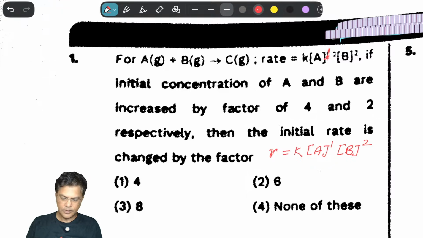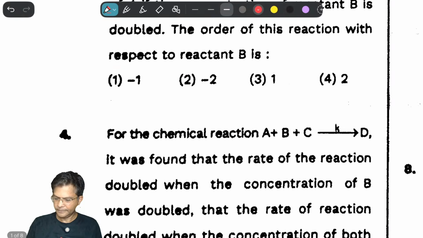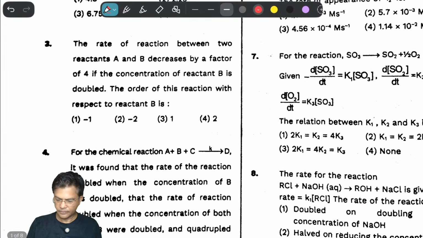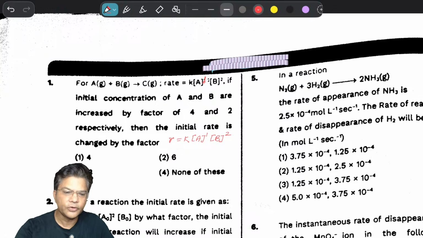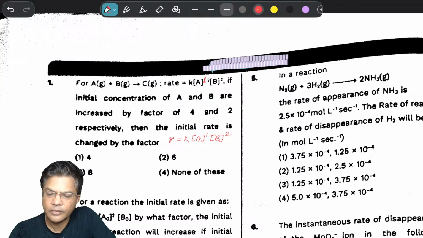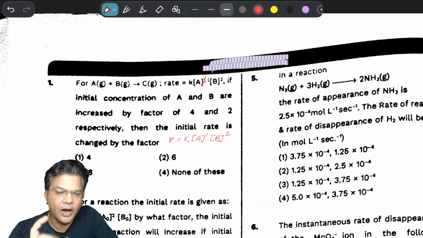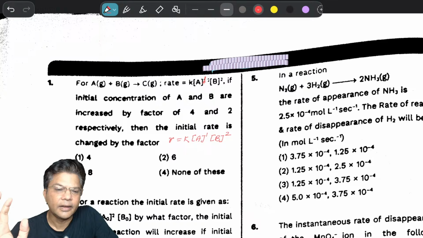So kids, just a second. What's your answer, kids? Okay, let's keep the power 2 and then try to find out the answer.